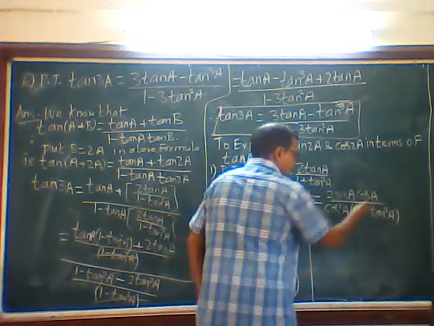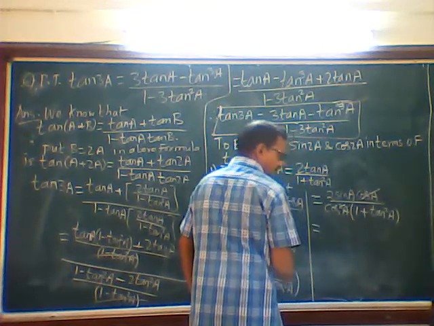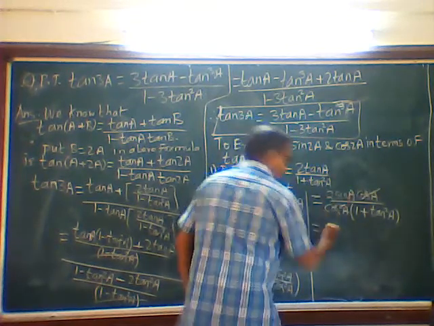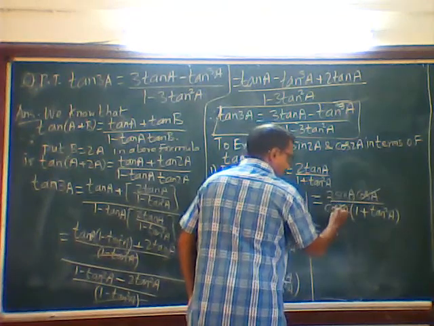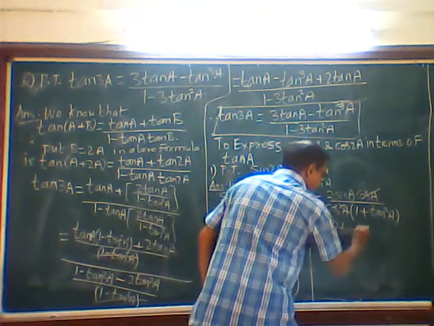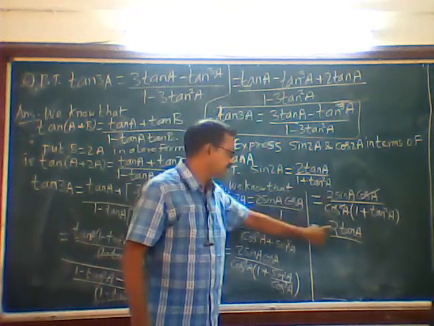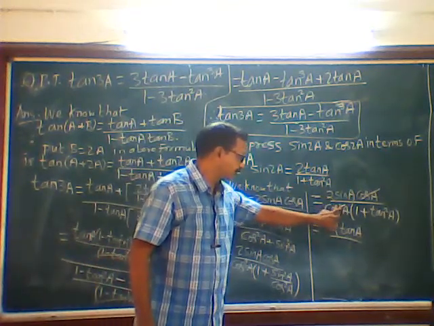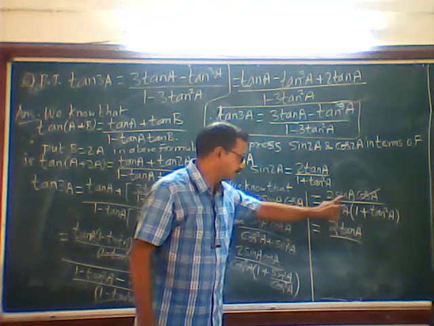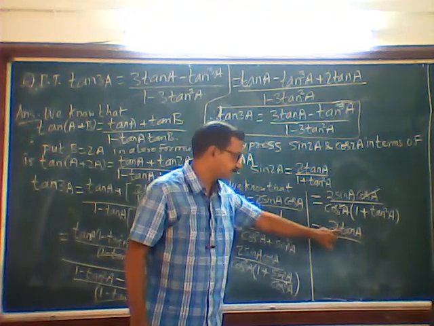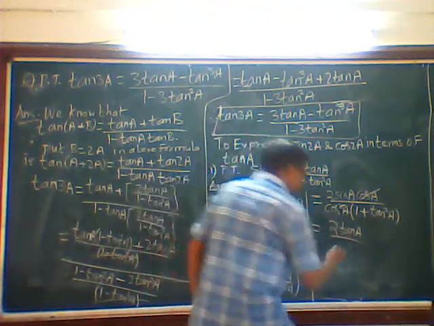So next, this cos a will go. Now 2 as it is, sin a upon cos a is what? Tan. That is what we got in the numerator. Here 2 as it is, sin a upon cos a is tan, divided by 1 plus tan square a. That is the answer.